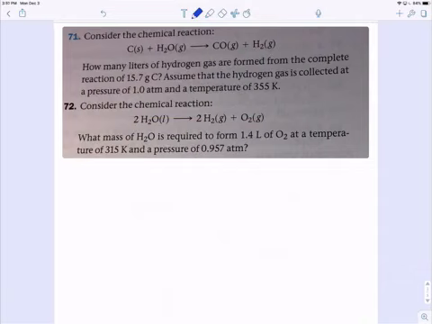So we're given 15.7 grams of carbon, mole carbon to 12 grams carbon, and then mole H2 to mole carbon.